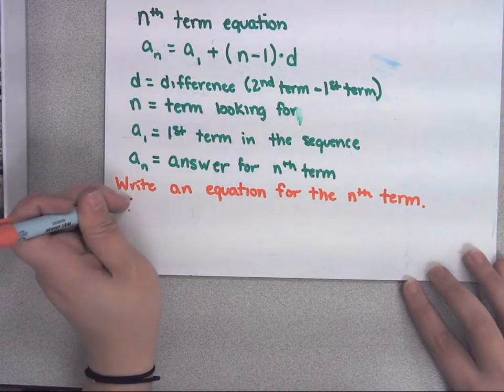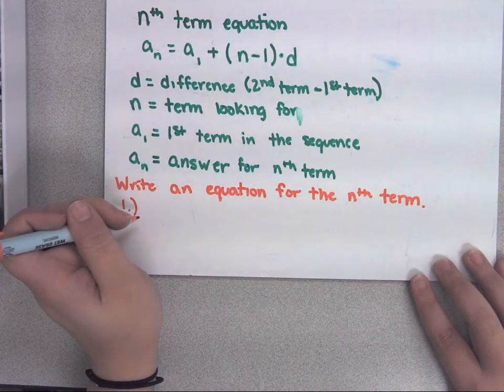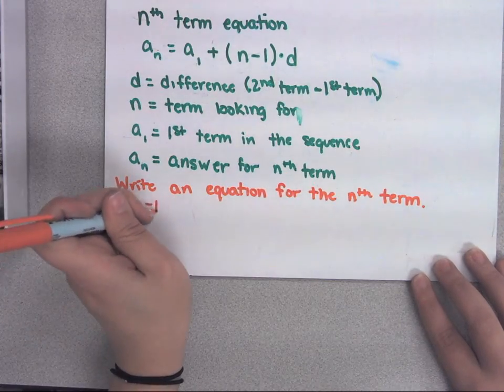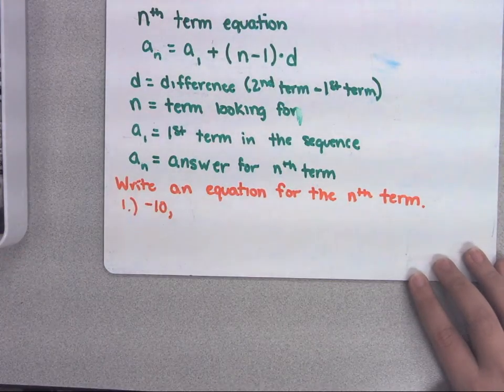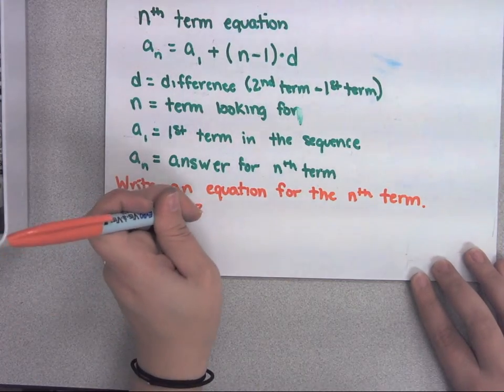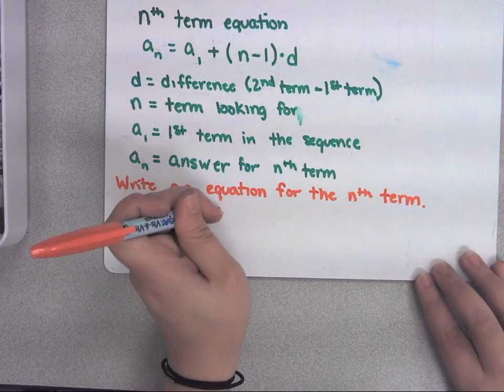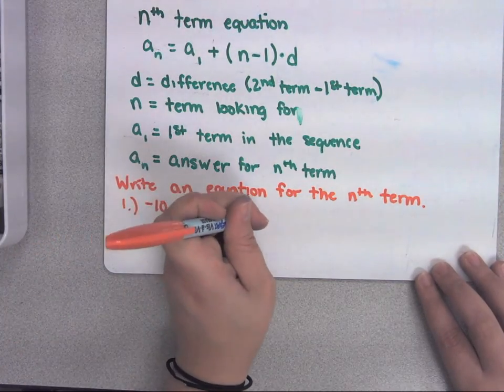So if they give you this sequence, give you a nice one. How about this guy? -10, -23, -36, dot, dot, dot.